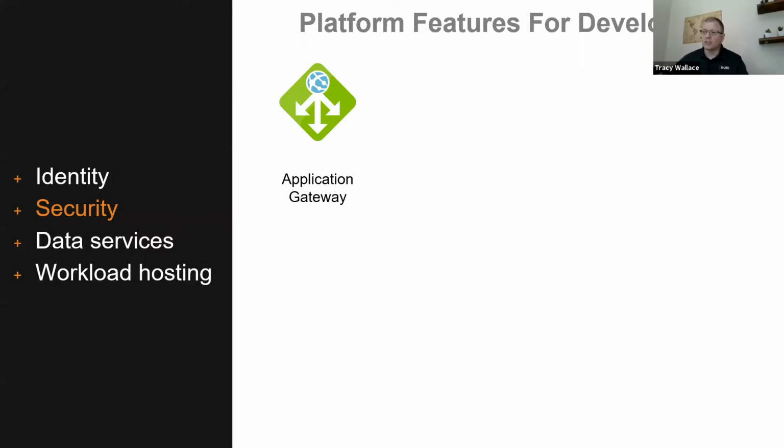There's a couple services that are very similar, Application Gateway and Front Door. What both of these do is they allow you to control access to your, in this case, web-based applications. These are both what we call layer 7.